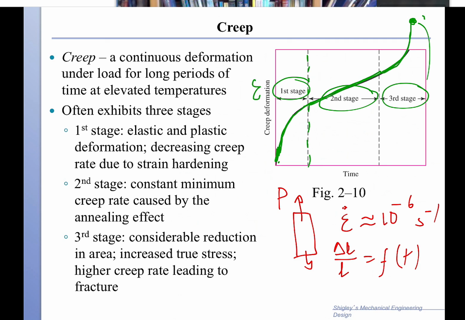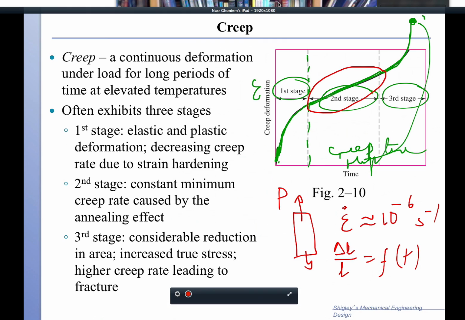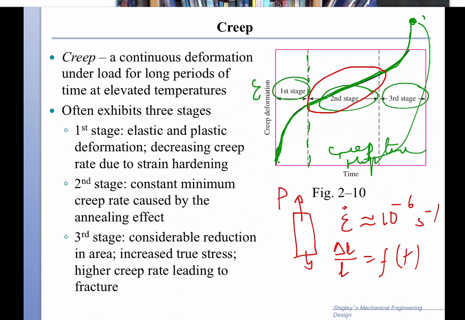So at this point here we have creep rupture. And in most of the designs that we know of, most of the material spends most of its time in the second stage. That represents the majority of the time spent by the material during its lifetime.